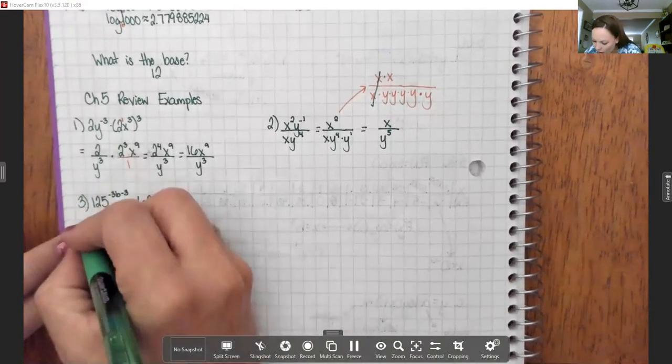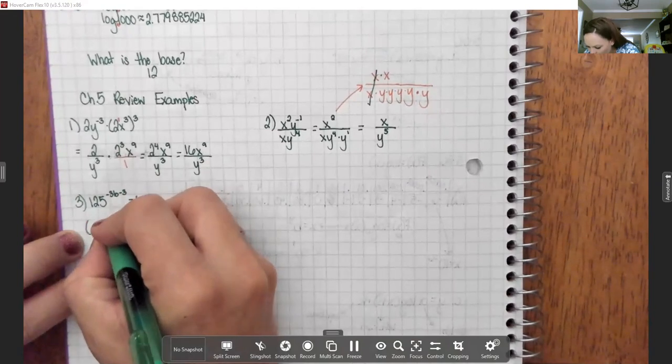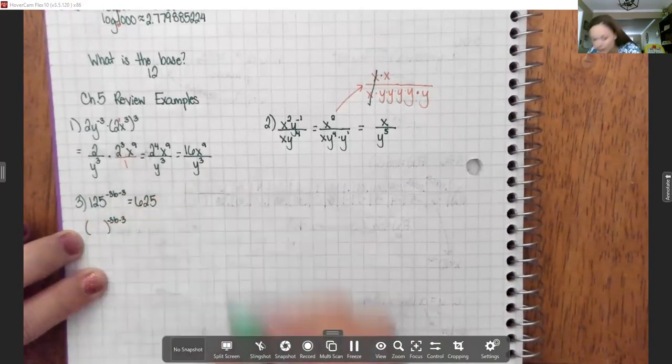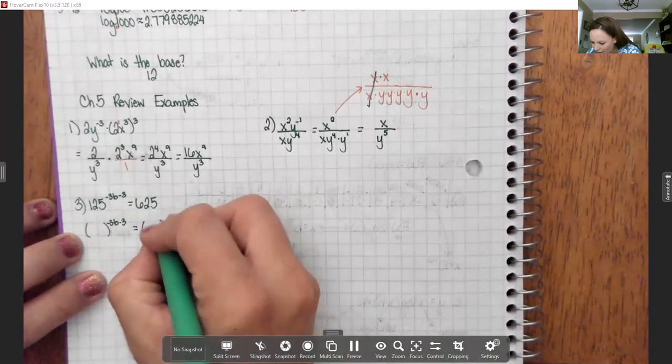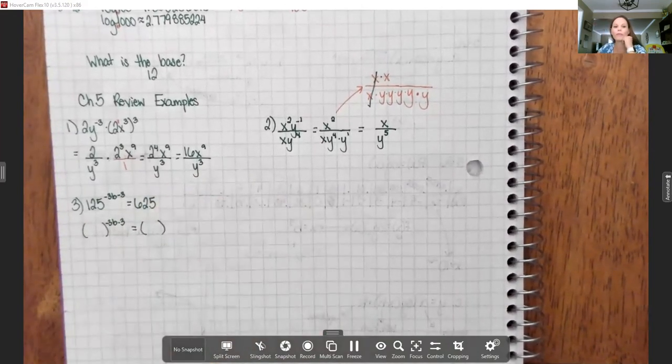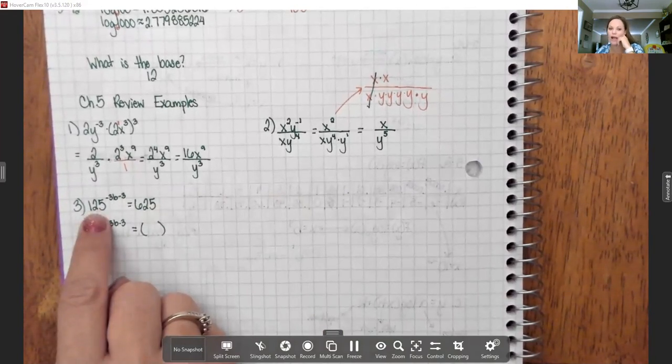So I need to rewrite this left side as something to some power, and then the negative 3b minus 3 is still that exponent. And then on this right side, I also need that same base to some power. So you ask yourself, and maybe it's pure guessing and checking, what number can I multiply by itself, I don't know how many times, but several times to get 125.